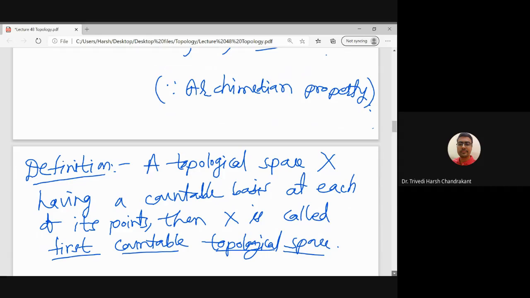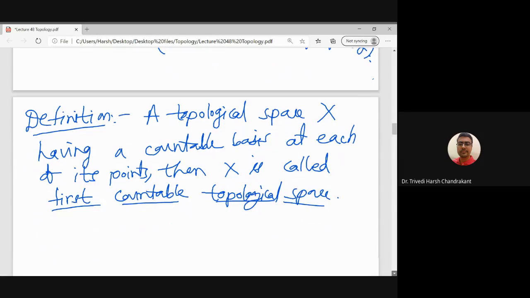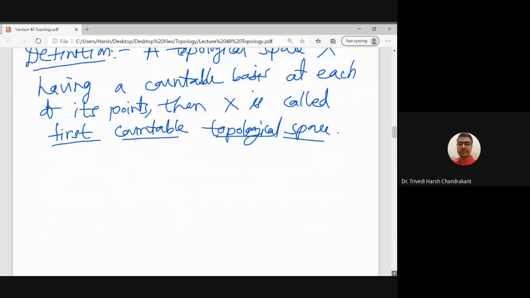Right, so this is the first kind of space where at every point we can find a countable basis.